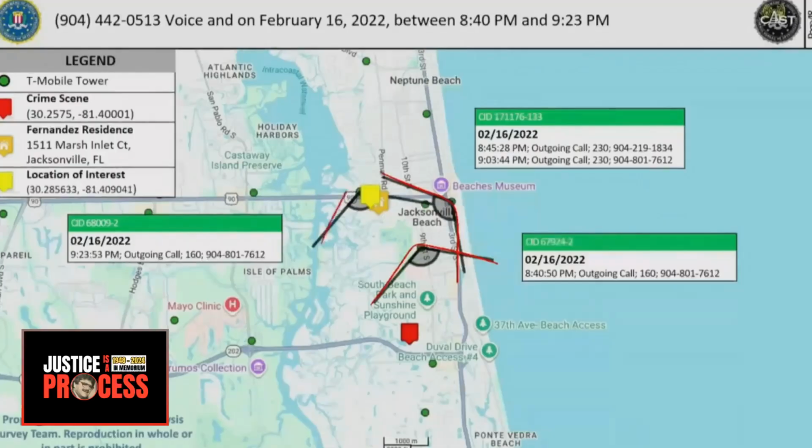And then the tower along Beach Boulevard, the sector facing south towards the location of interest, the Fernandez residence, for a phone call at 9:23 p.m. And you can see that's the phone call with his other phone. So as this device is moving and utilizing these towers, we see that it is actually attempting to contact Henry Tenon's other device. Yes.